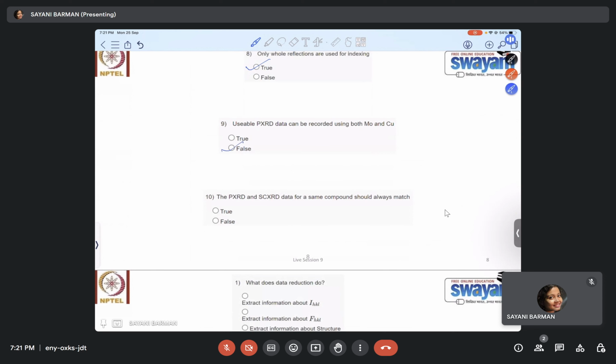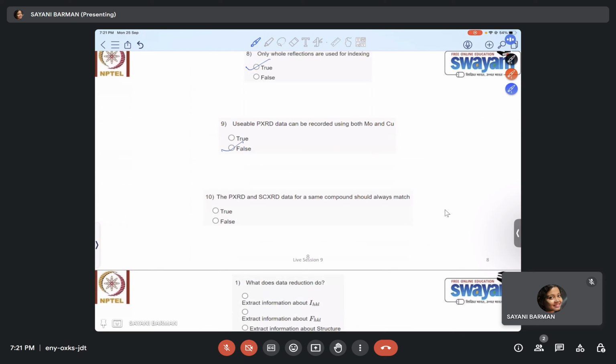The PXRD and single crystal XRD data for a same compound should always match. Yeah, it should always match. Otherwise, first we detect the single crystal structure and we generate the zip file from it.